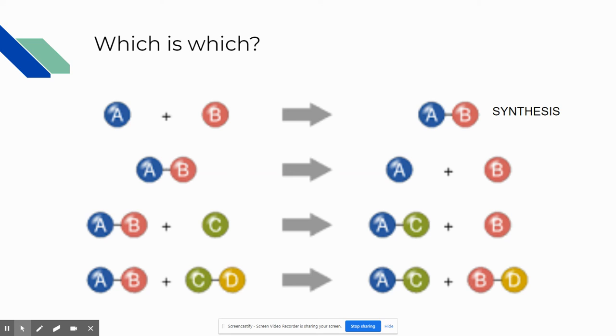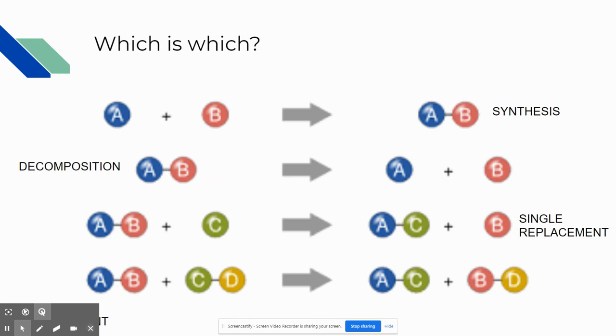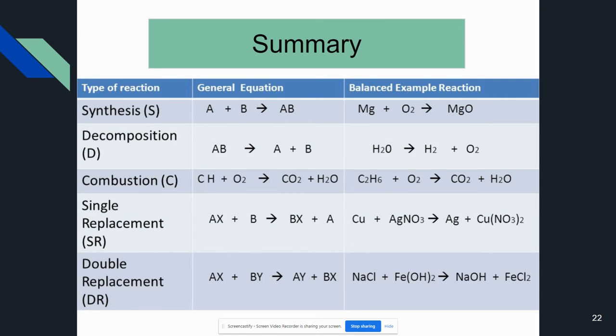Well, synthesis, decomp, single replacement, also known as SR, double replacement, also known as DR. So in summary, your general equations are right there for you. You might want to know those. Those would be quite helpful. And then balancing chemical equations. Okay, you would get these, and then you'd have to balance them as we did in the previous week.